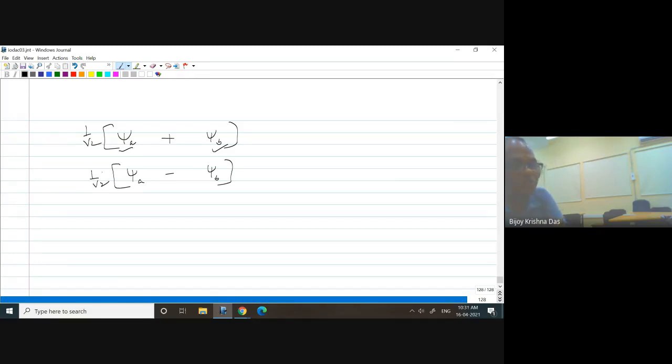So this type of solution you're supposed to get most of the time. Individually they are psi a and psi b. If they are coupled, then you can think that two different types of solutions are there.